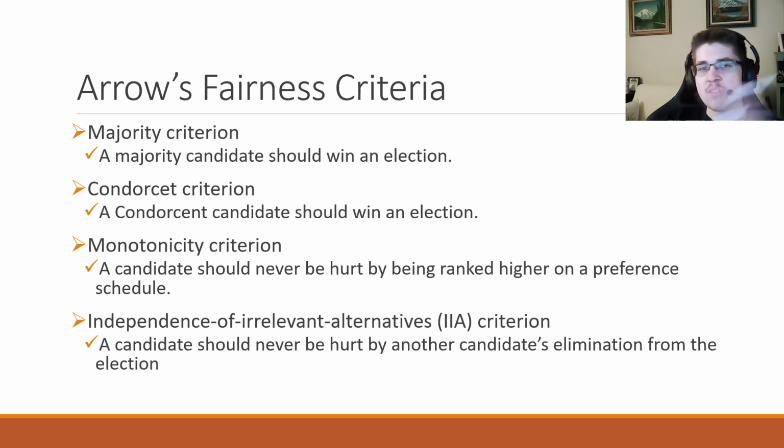The reason this is an important criterion for fairness is that if Kathy wins, but after Art dropped out, now Ben wins, it should not change because an irrelevant alternative candidate was removed, right? It should stay the same.